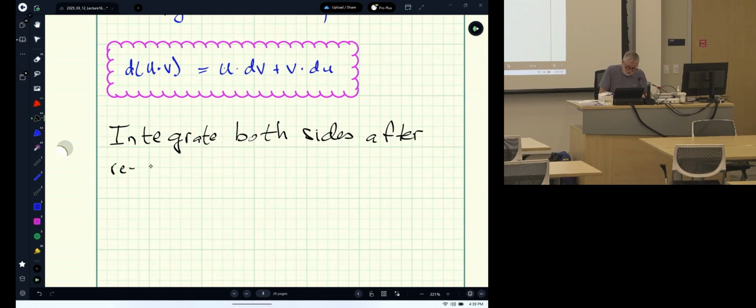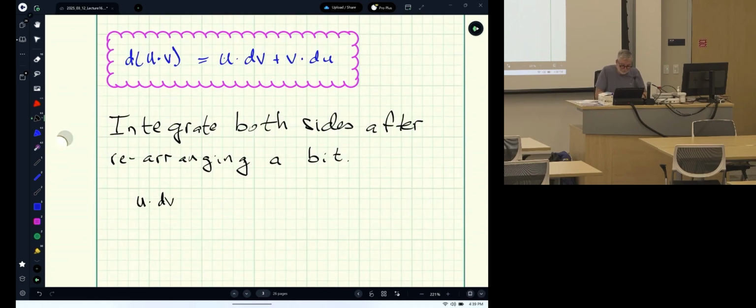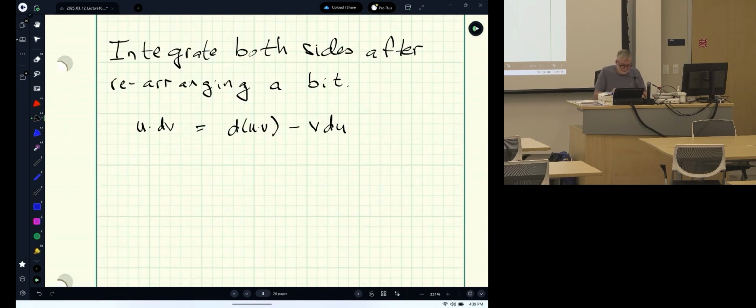After rearranging a bit, we write this as u times dv equals d(uv) minus v du, and then we integrate.